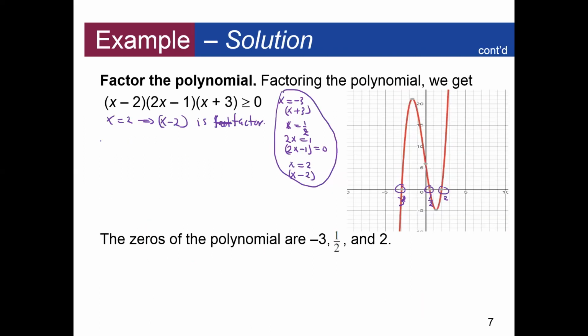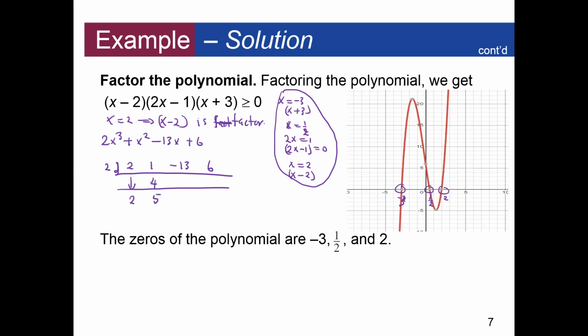We have our polynomial function, which is 2x cubed plus x squared minus 13x plus 6. Now, if I use synthetic division, my c is 2, and the coefficients will be 2, 1, negative 13, and then 6. So we draw a line and drop the 2. 2 times 2 is 4. 4 plus 1 is 5.